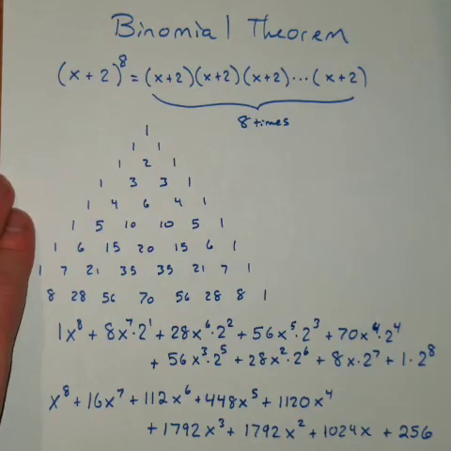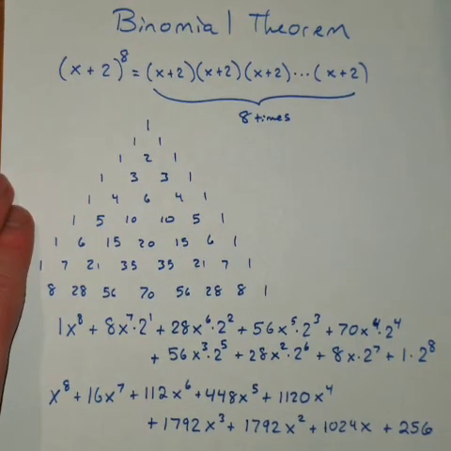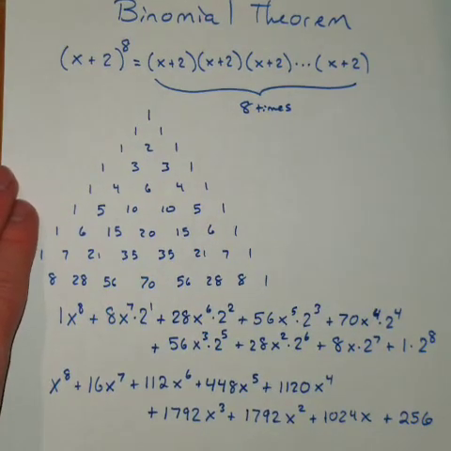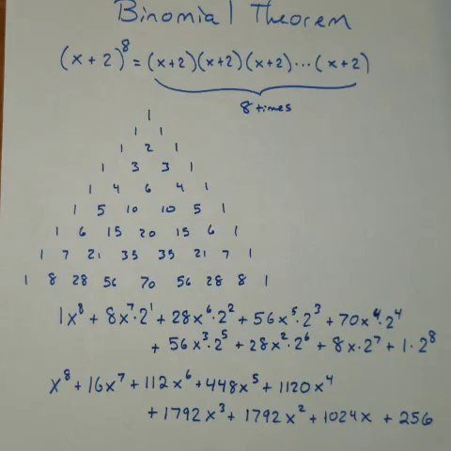Okay. And there's no simplifying once you've done that. Once you've got your coefficients figured out, I've got my decreasing x values all the way down to 0. And that pretty much does it.